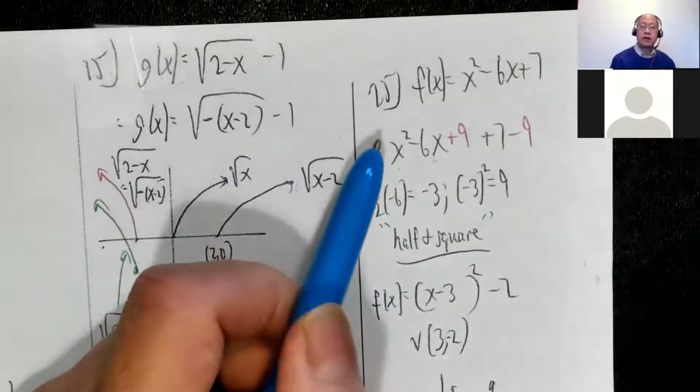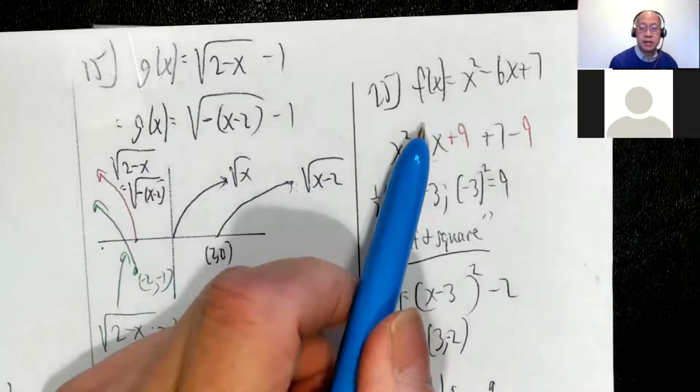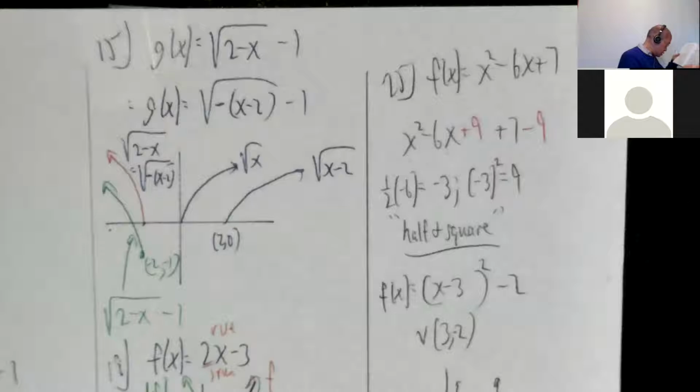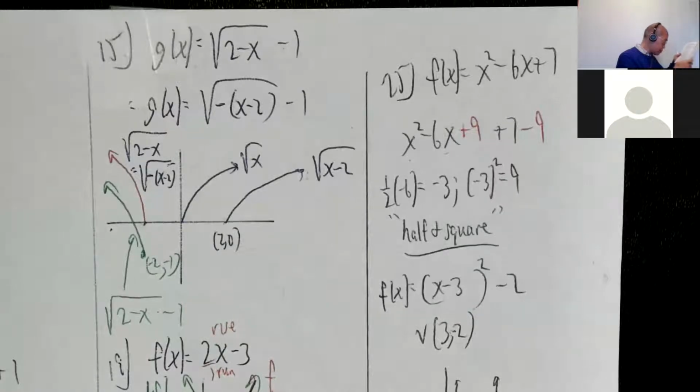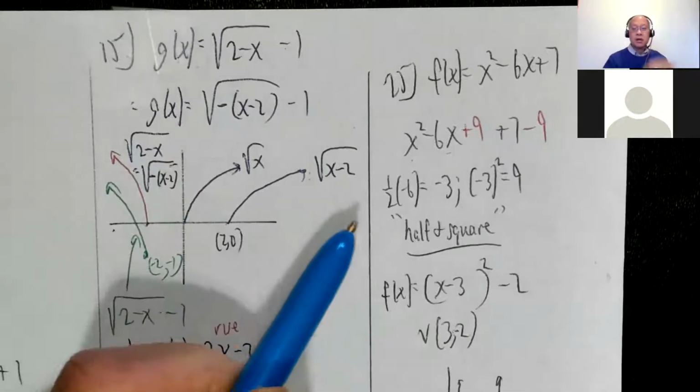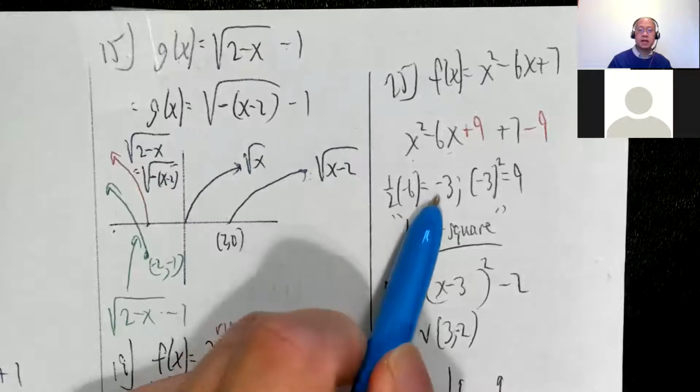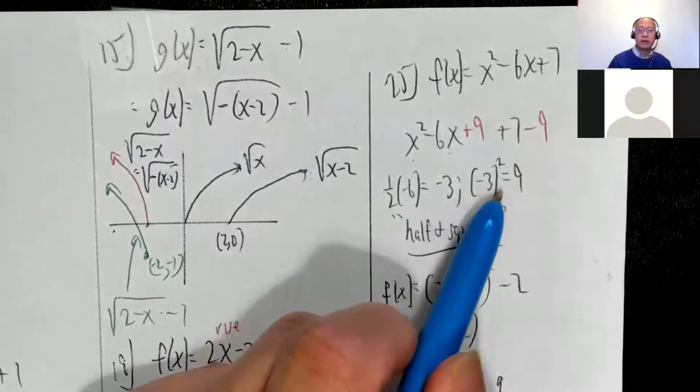About problem 25, it was a completing the square problem. f of x equals x squared minus 6x plus 7. Let me quickly review something about that somebody asked for. To complete the square, you take half of -6, which is -3, and square it. -3 squared is 9.